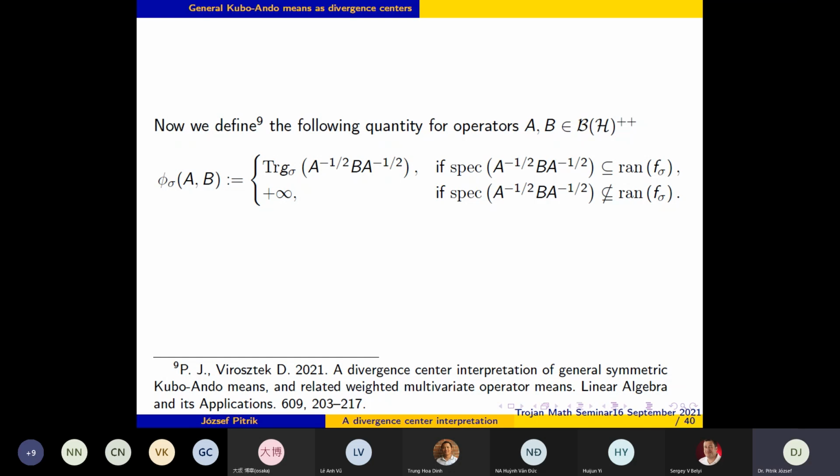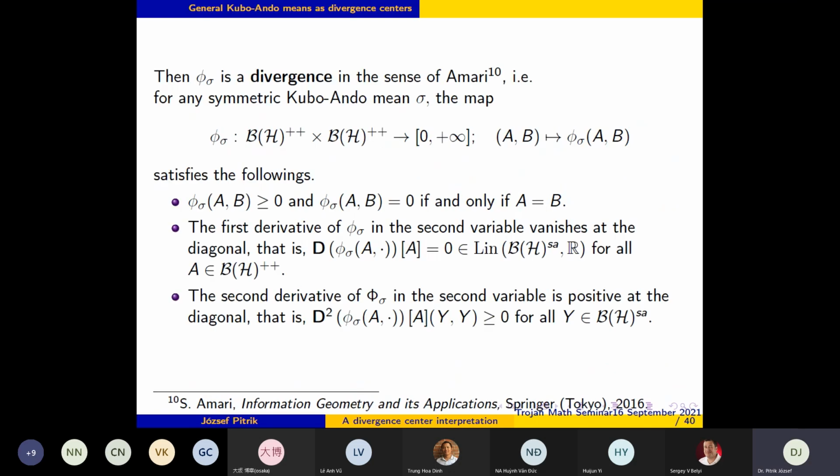And this quantity phi sigma is a genuine divergence in the sense of Amari. What does it mean? It means that it satisfies the following conditions. At first, it's always greater than or equal to 0, and it's equal to 0 if and only if A and B are equal.